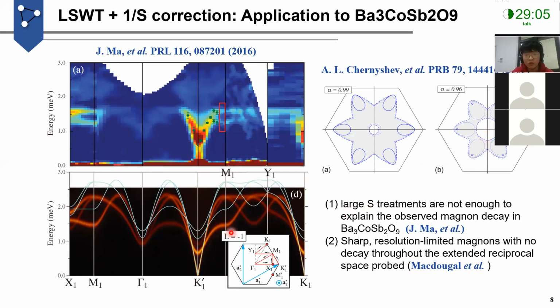So for the true material, the 1/S correction predicts that the magnon will be very sharp, which is different from the experiment. So he concluded that the large-S treatment is not enough to explain the observed magnon decay. Also, the recent high-resolution inelastic neutron scattering experiment shows that the magnon branch actually is very sharp.